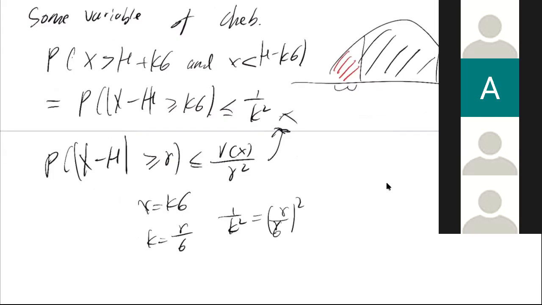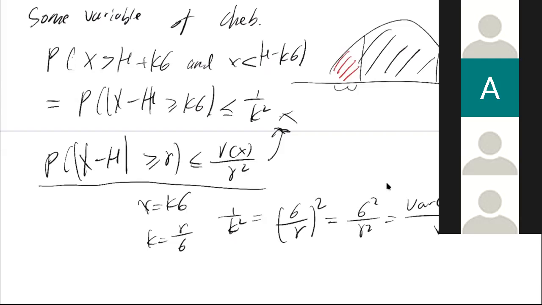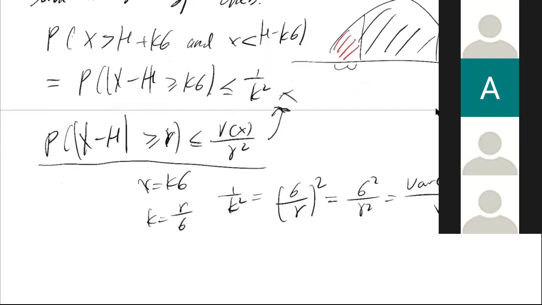Did I mess it up? Because we're talking about 1 over k squared, that's actually sigma squared over r squared, and we know that sigma squared is just the variance of x. So this is an easier format of the previous version because we don't need to think about what k sigma is. We can just use any r, and at last write the variance outside. So there are some variations of Chebyshev.